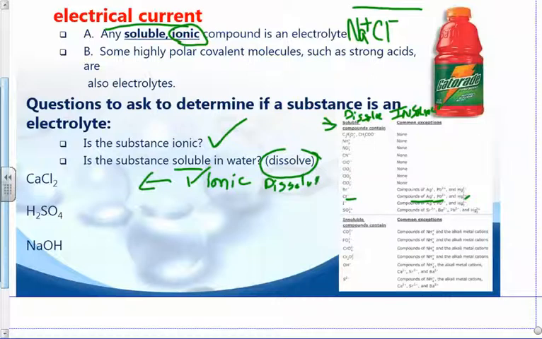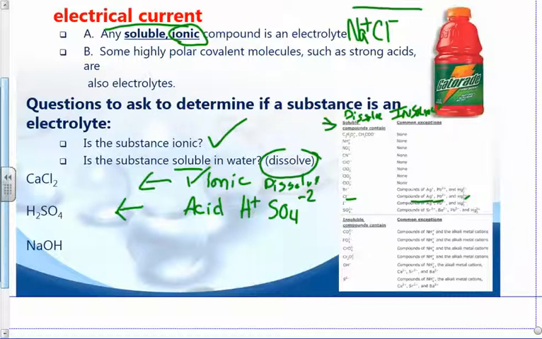Let's go to this one. This is H2SO4. So H2SO4 is a what? It is an acid. So it definitely has some ions. It ionizes, dissociates in water.